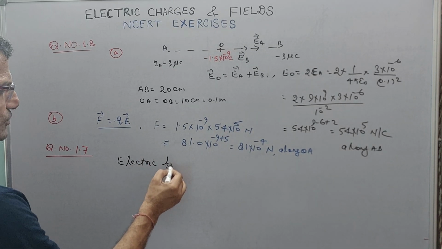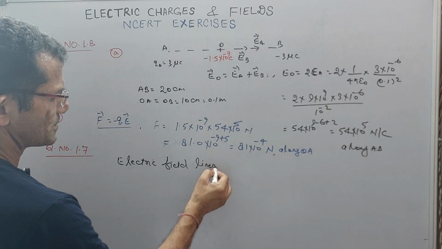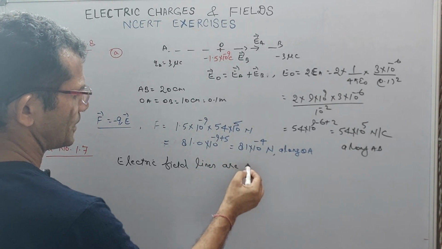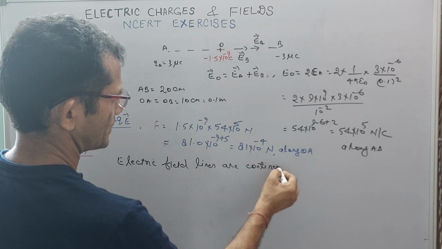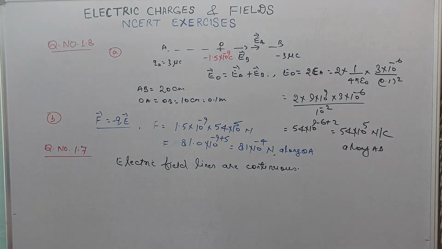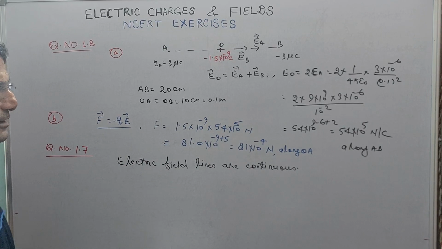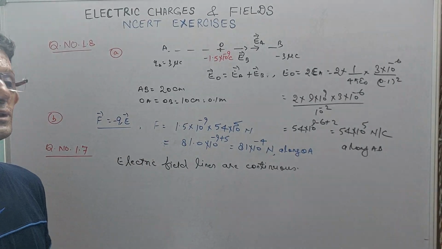Electric field lines are continuous lines. They can be straight or curved in any format, but there is no sudden break in the lines.